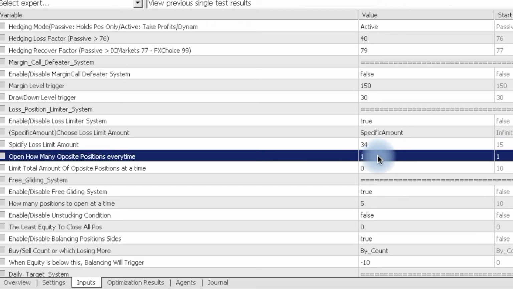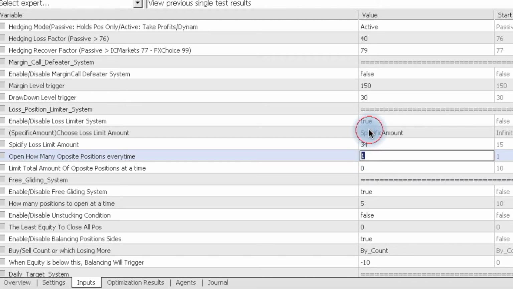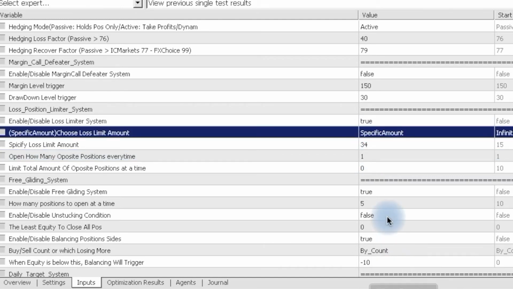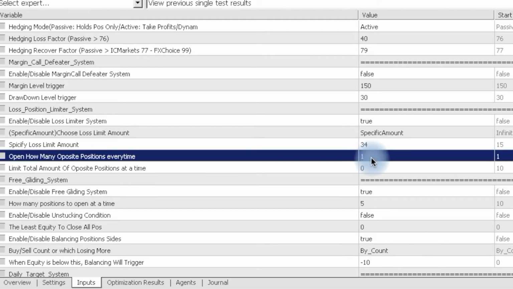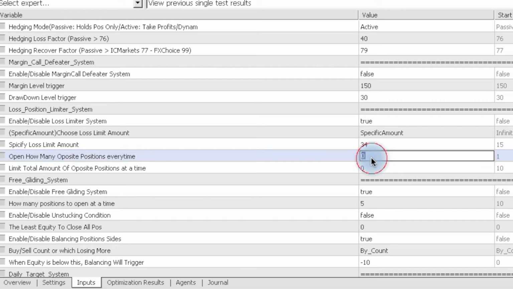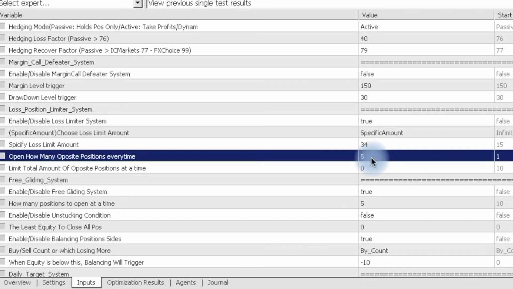Most likely if my position is losing, that means the opposite position is winning. So I can tell it to open one position when it closes this main position, to gain money. Or I can set this to 0, don't open any other position. Or I can set this to 5 positions. So whichever I prefer to work with.